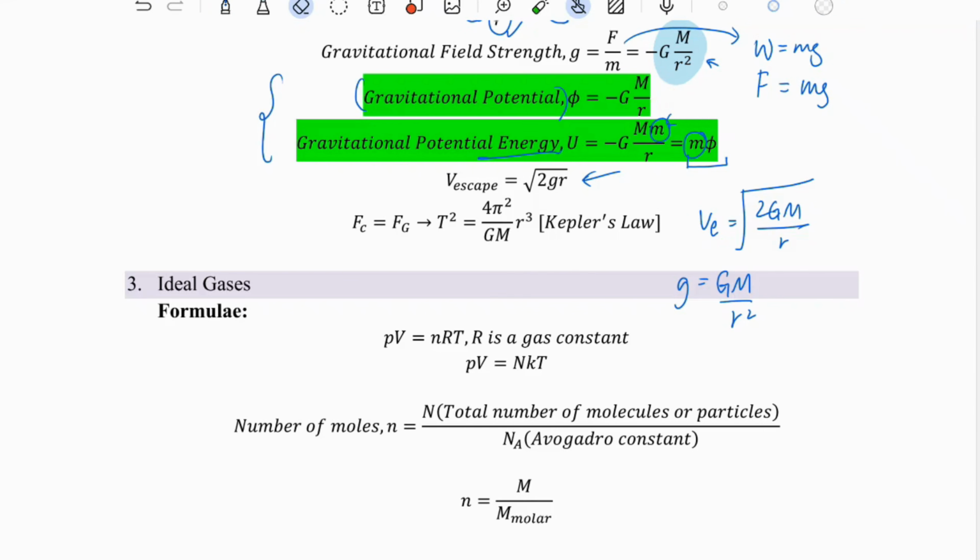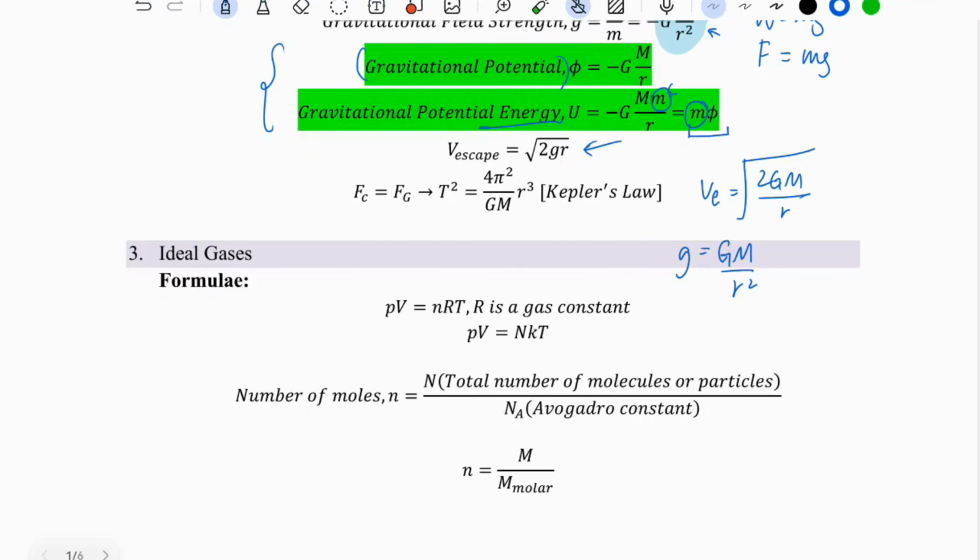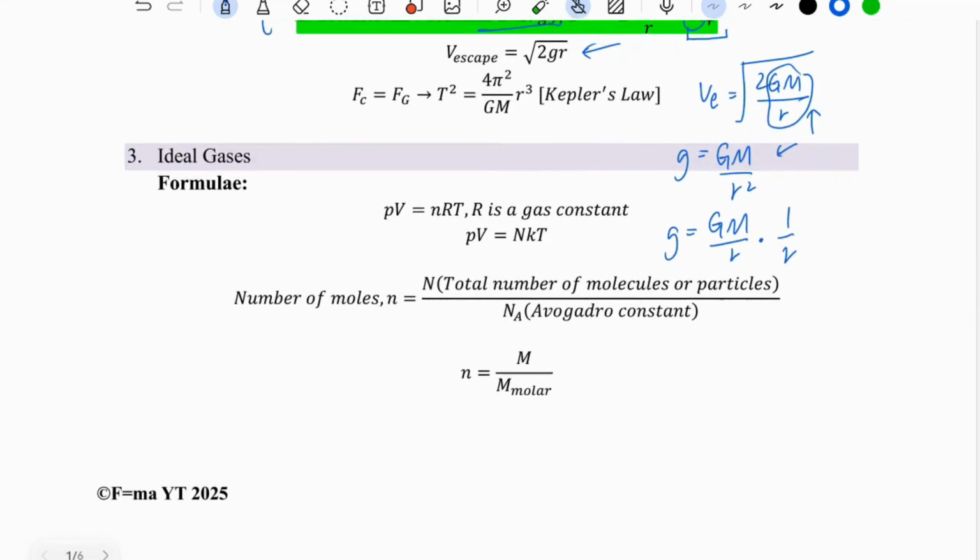So now, how can we relate this and this together? We have GM over r here. So let's try to take out GM over r. Making GM over r the subject, because you bring this 1 over r here, you will get gr.